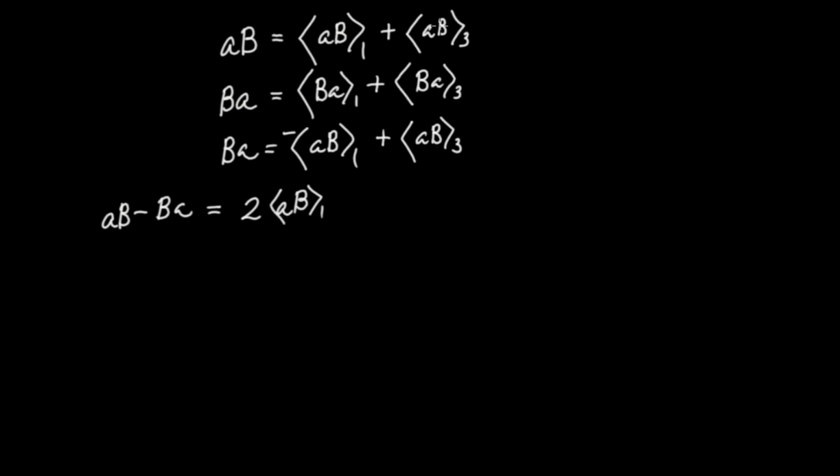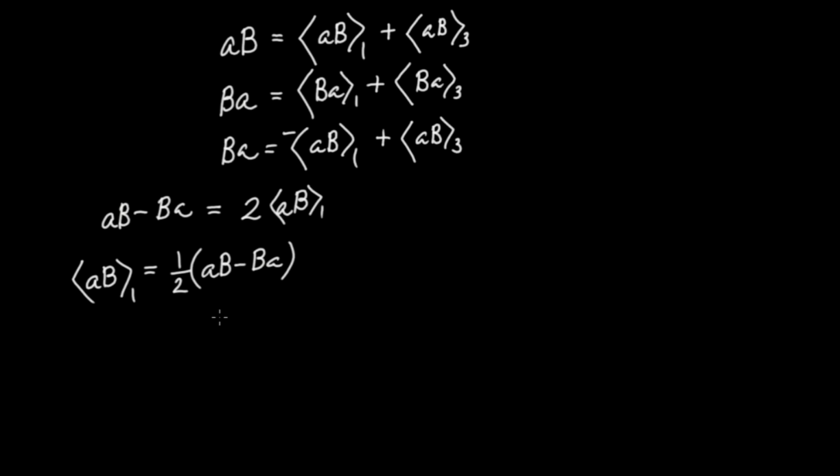Then I'll have the grade 3 part of AB minus the grade 3 part of AB. So that's 0. And now I just simply divide by 2. And what I can write is that the grade 1 part of AB is equal to 1/2 (AB minus BA). And this is pretty interesting too, because this looks very similar to the wedge product formula between two vectors, written in terms of the geometric product. And you can see that has that minus sign there, which means that this thing is anti-commutative, which is what we already know.